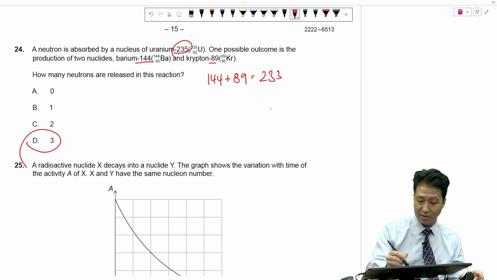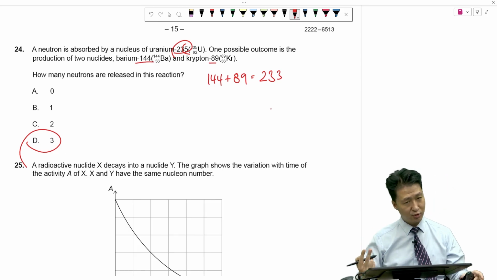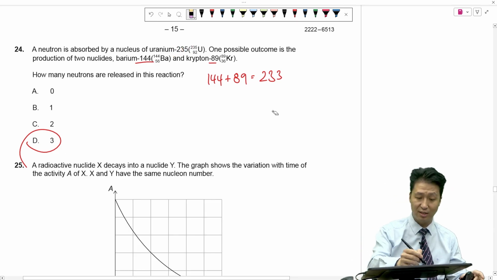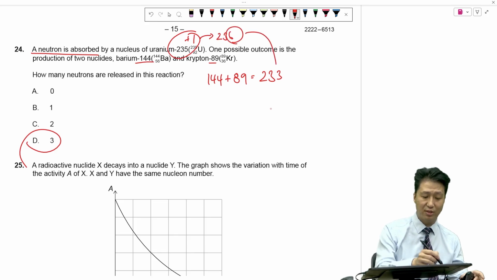You might think, well, the difference between 235 and 233 is 2. You might have released just 2 neutrons, which is incorrect. And the reason it's incorrect is because you also absorbed the neutron, so you added 1 there. Absorbing the neutron makes it go to 236, and it releases 3 neutrons, D.